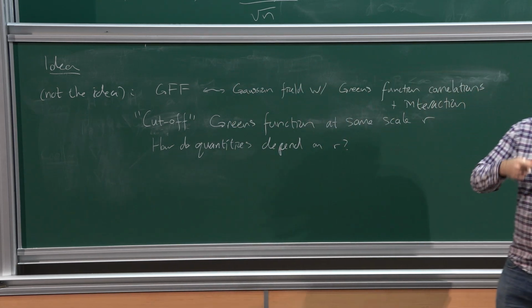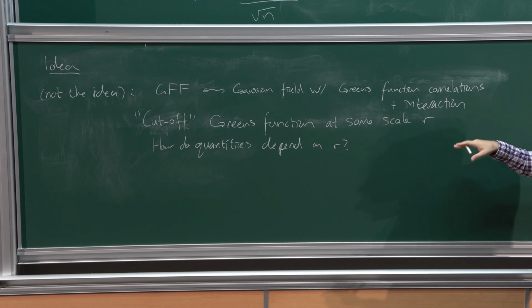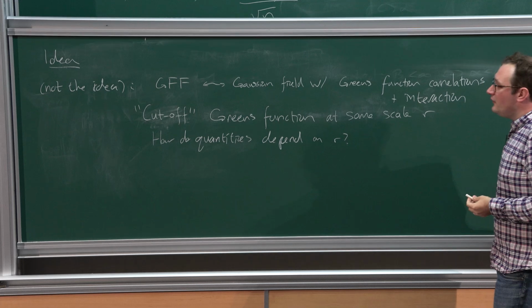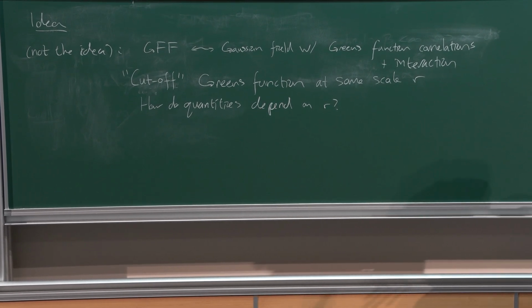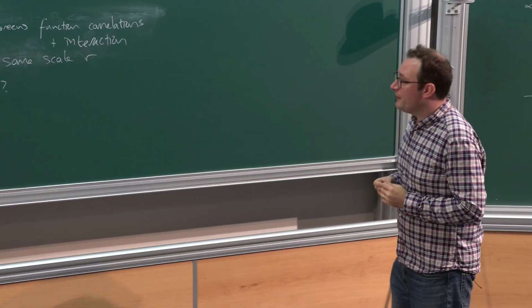Usually, it's much nicer if you can to vary r continuously and try to get some approximate differential equations that are satisfied as you vary this thing. For technical reasons, they often work with discrete steps, which is less nice computationally, but it can be easier to prove things about. And then eventually you want to use all your understanding of how these quantities depend on r to say something about the critical behavior of the model.